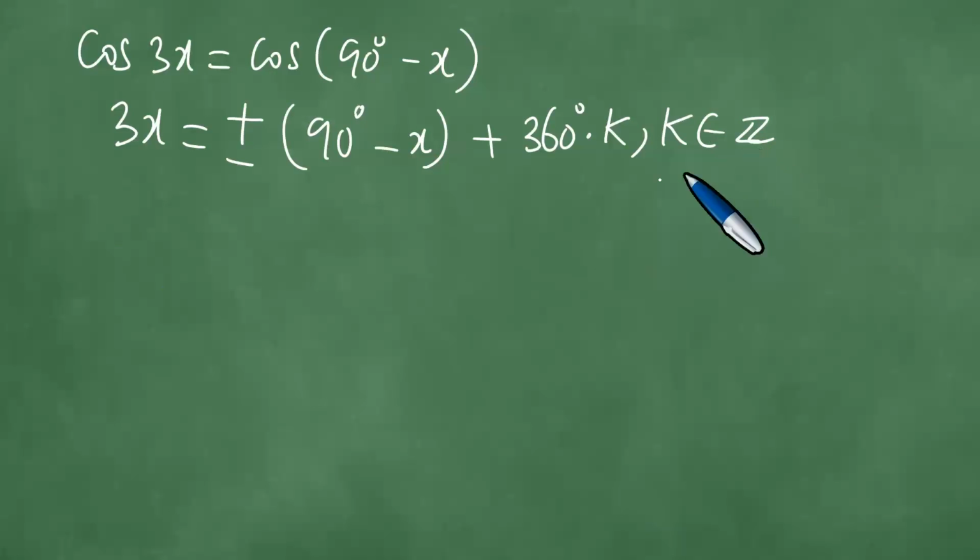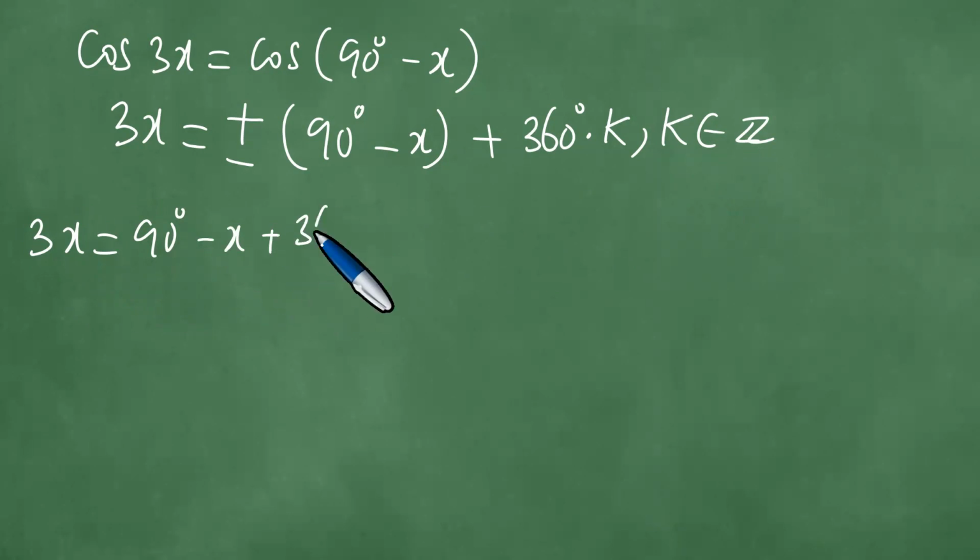So this means 3x is 90 degrees minus x plus 360 degrees by k, where k is an element of z.